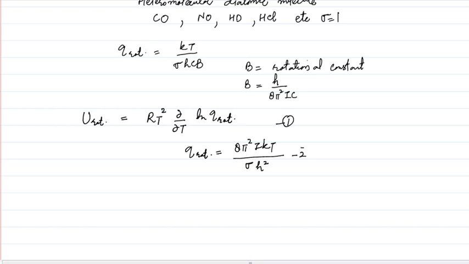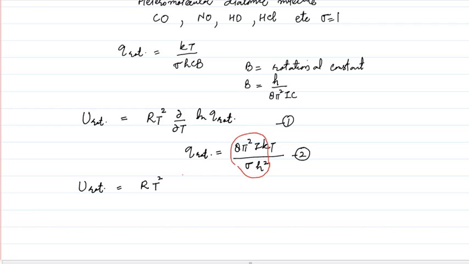So we can write the rotational internal energy as RT square, and we can break this into two parts. It is with respect to temperature, so all other terms except temperature will be simply a constant.